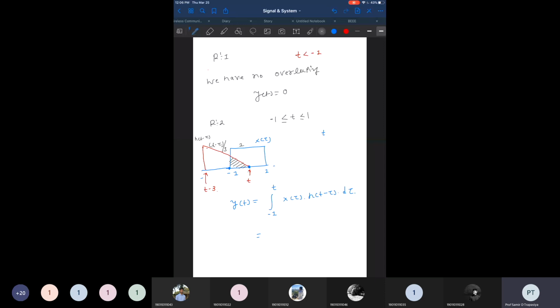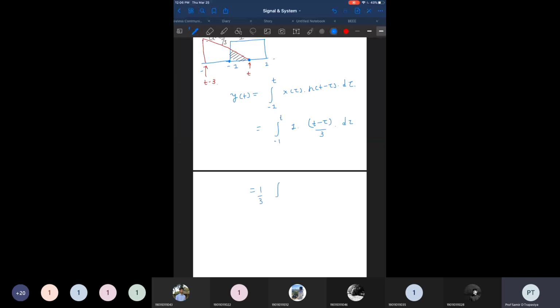In this region, x of tau is 1, and h of t minus tau is t minus tau by 3, so the integrand is t minus tau by 3, d tau. Then we take 1 by 3 as common, so we are left with the integral from -1 to t of 1 times t minus tau d tau. The 1 is not considered, so we are left with t tau minus tau square by 2.